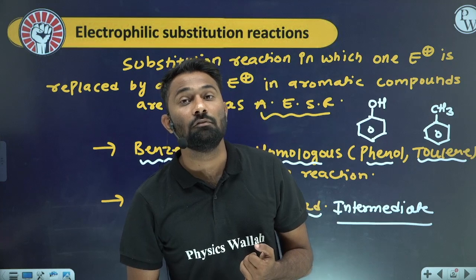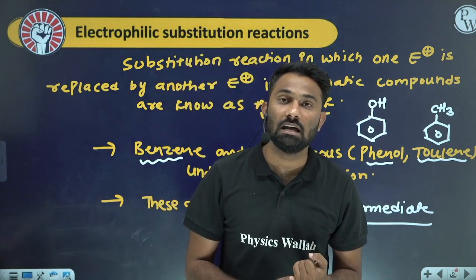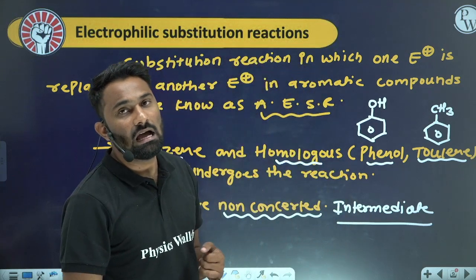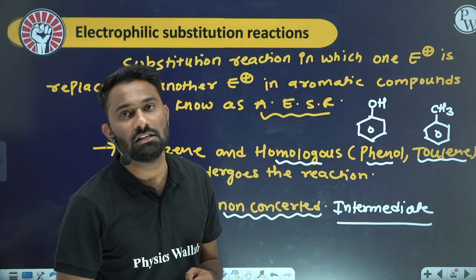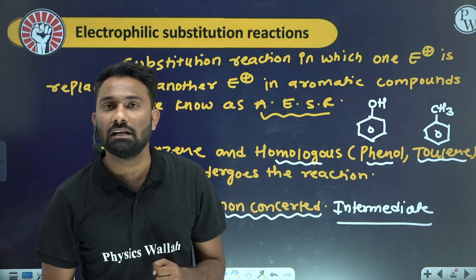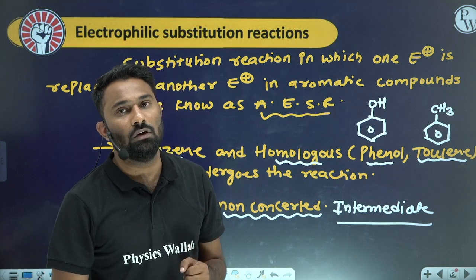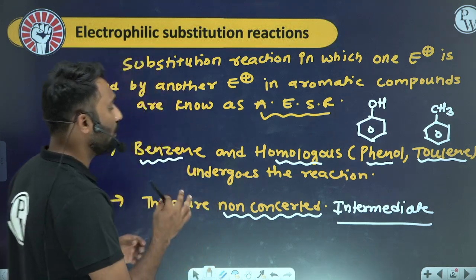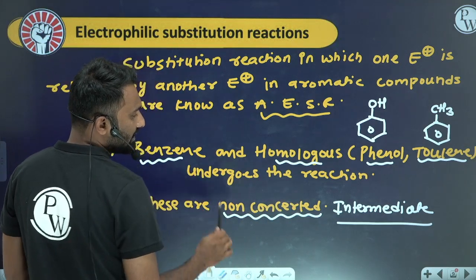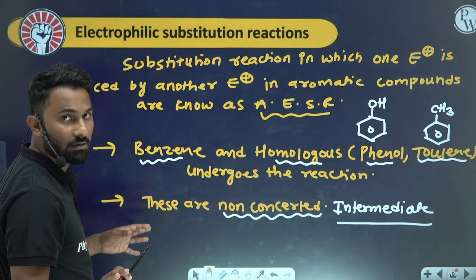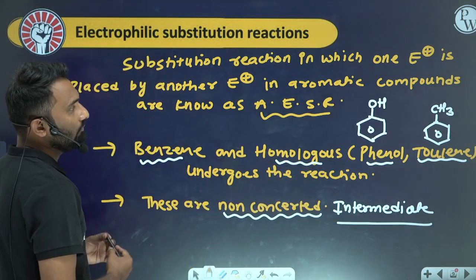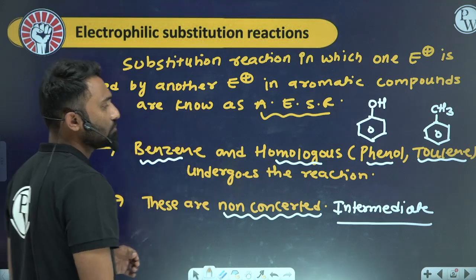Now Friedel-Crafts alkylation, where R plus or alkyl, CH3 plus. If we take methyl chloride, the CH3 methyl cation is the electrophile. Clear? That is why this is a non-concerted reaction. Concerted means there is no intermediate present. Non-concerted means an intermediate will be present. This is an electrophilic substitution reaction.